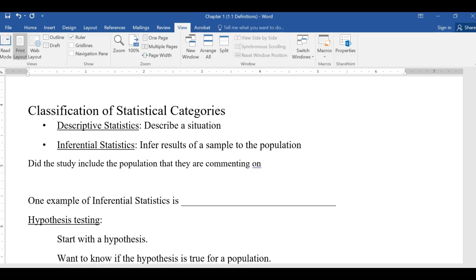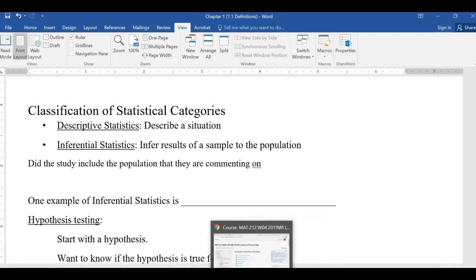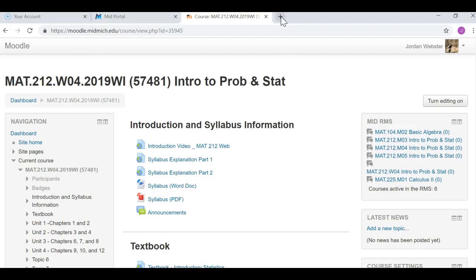All right. So let me give you a couple of examples. This is a different slide, but for instance, if I said 50% of people in the United States like a certain policy, that would be an example of inferential statistics because they didn't go out and collect data on the entire population.